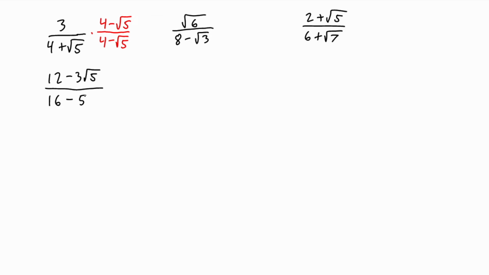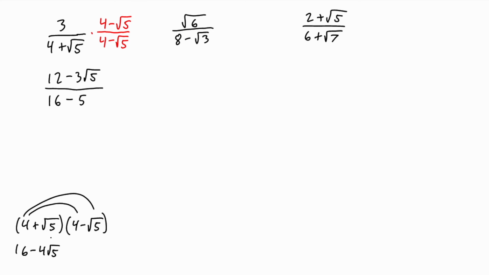The way that works, and this is always the case, is that we're taking 4 plus the square root of 5 and 4 minus the square root of 5, and we have to multiply it out. We have to multiply everything on the left by everything on the right. So we have 4 times 4 is 16. 4 times negative square root of 5 is negative 4 square root of 5.